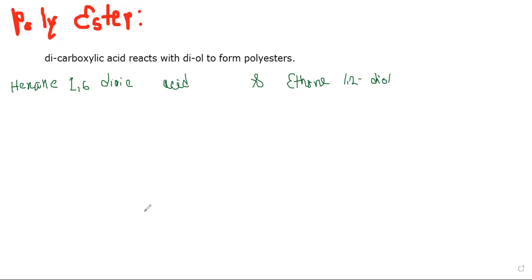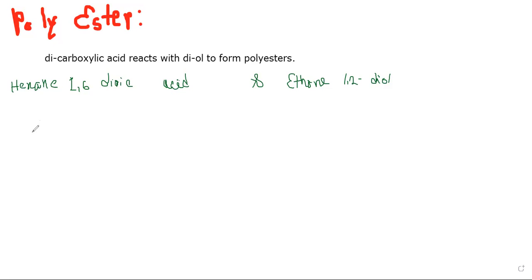Let us draw the structure diagram of hexane 1,6-dioic acid. As it is hexane, there are going to be 6 carbons.